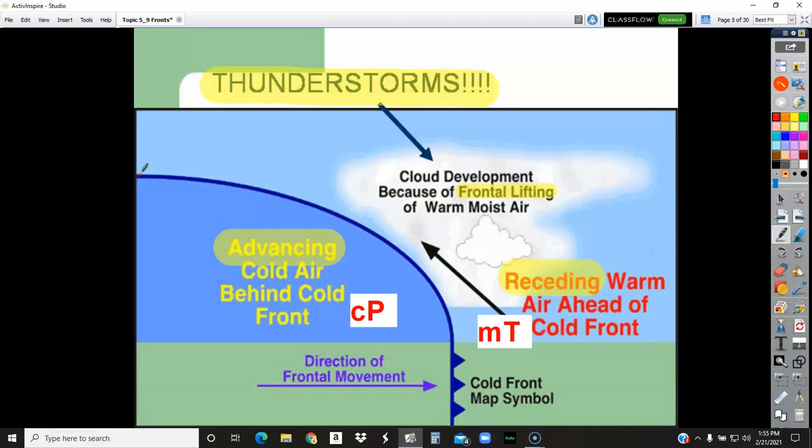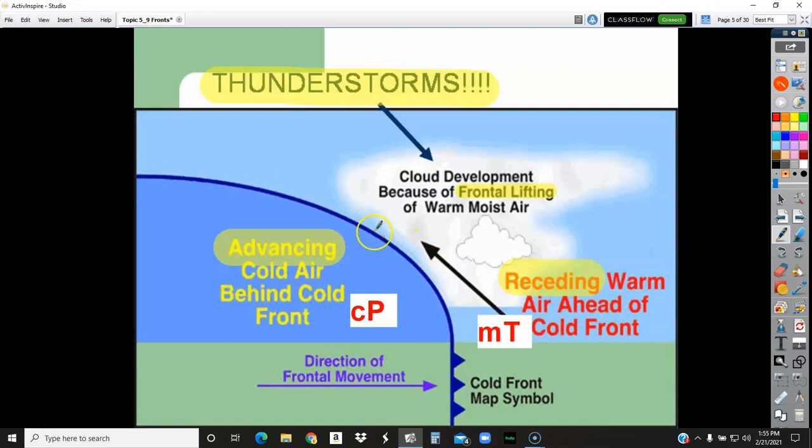When they draw symbols, and this will come up on your test this week that you're going to take on Castle Learning, the symbol for a cold front is always going to be an arc. It's going to be this curved line that you see right here. So just be very careful when you're looking at questions, especially on the test this week. Cold front's always going to be an arc. That's going to be different than a warm front, which I'll get to in a few minutes.